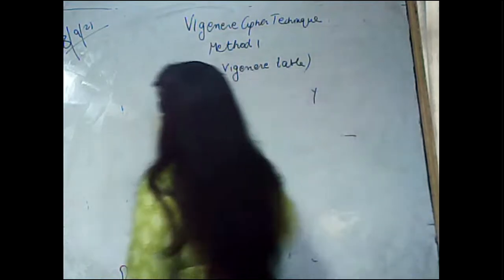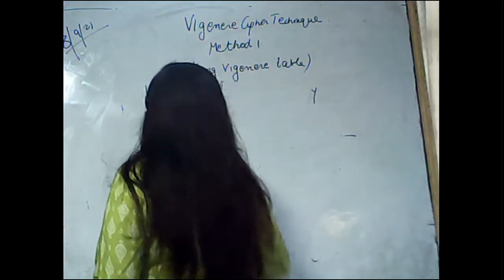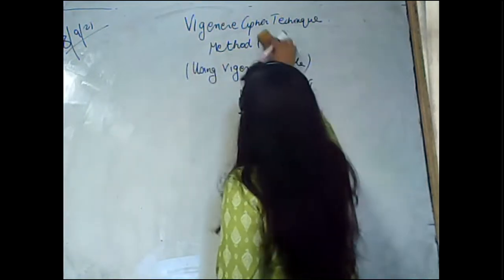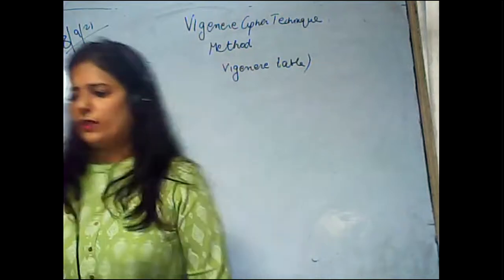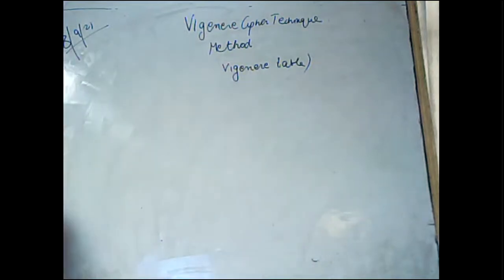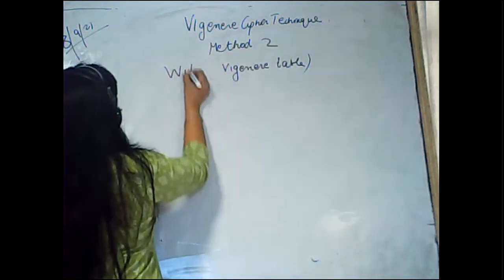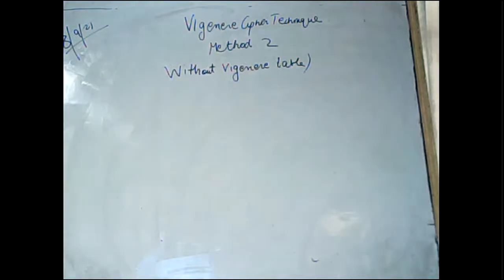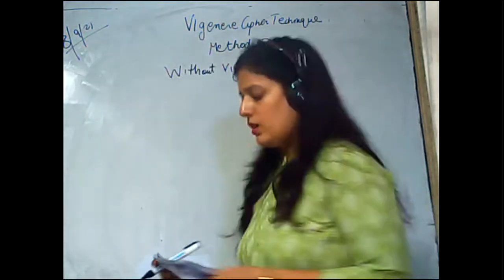At that time you can make your own table, with the same technique that the Vigenere table uses. But if it is mentioned that you don't have to use a table, in that case you can use this particular method. So method two is without the Vigenere table. Now there is another technique that we can use.